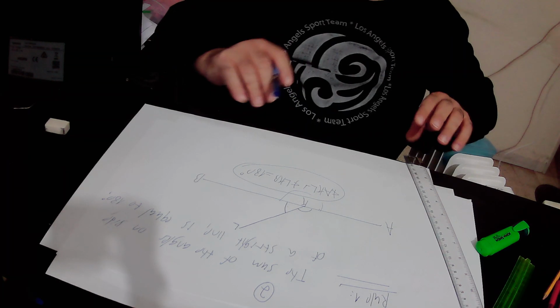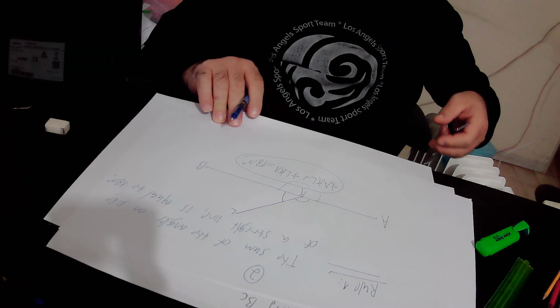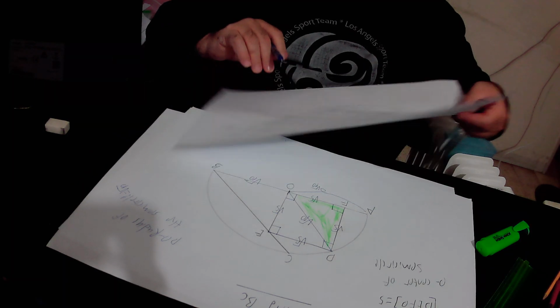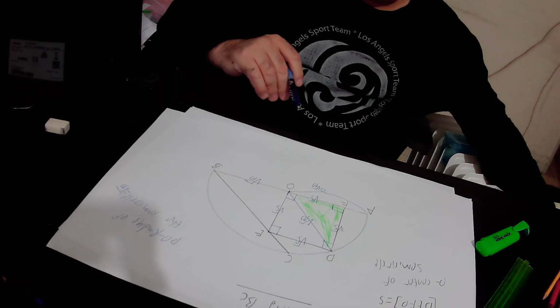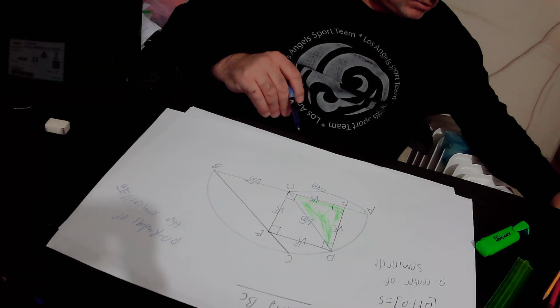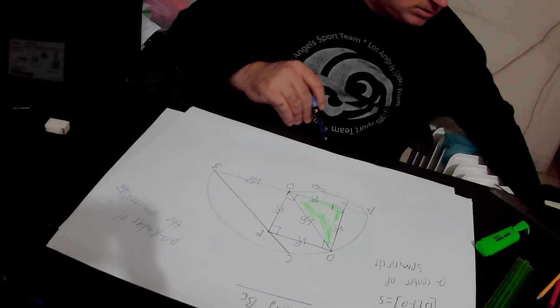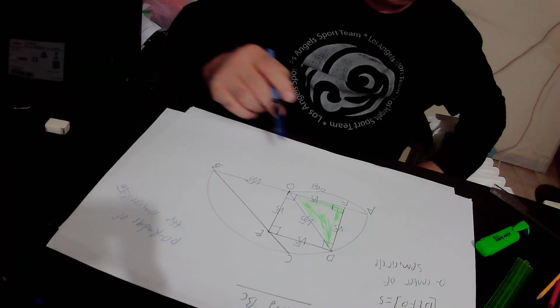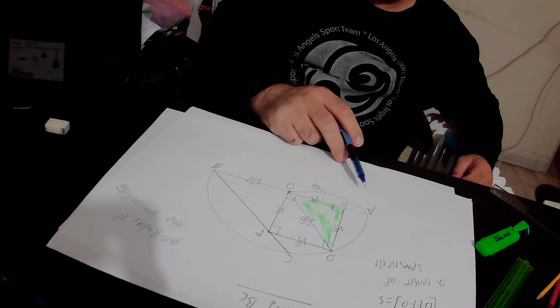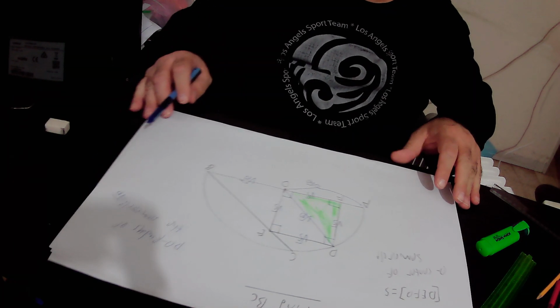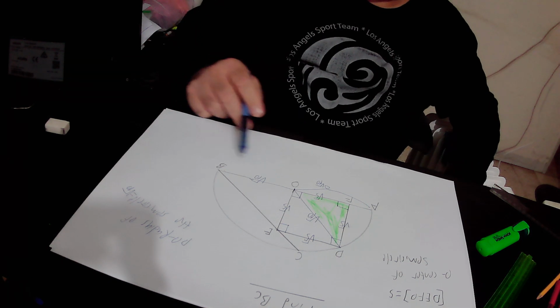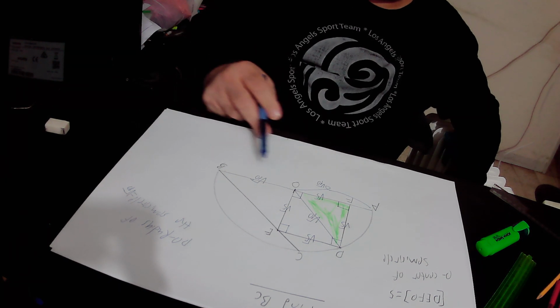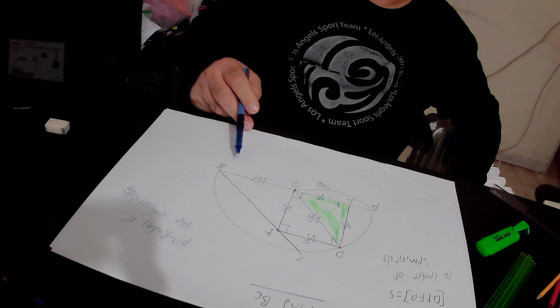Okay, so we can actually implement rule number 1 in our drawing. Why? Because in our drawing we have a semicircle, and we know that AB is the diameter of the semicircle.